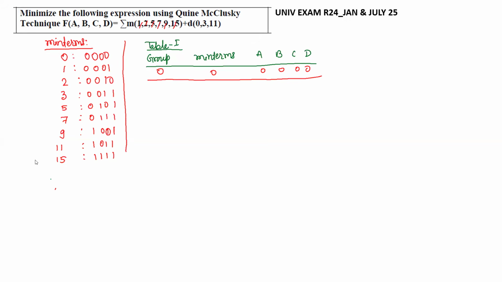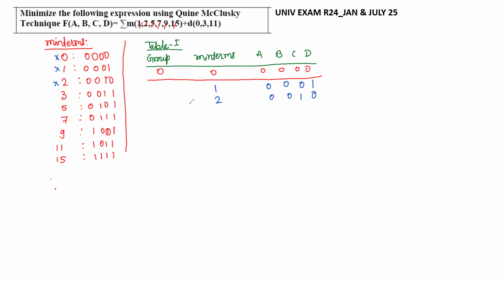Another will be numbered on the basis of the number of ones. This one we have done, so by pencil you can mark it. Next, we have 1, so 0, 0, 0, 1. This one also we have taken. 2 also has the number of ones as 1 only, so we'll write 2, then 0, 0, 1, 0.